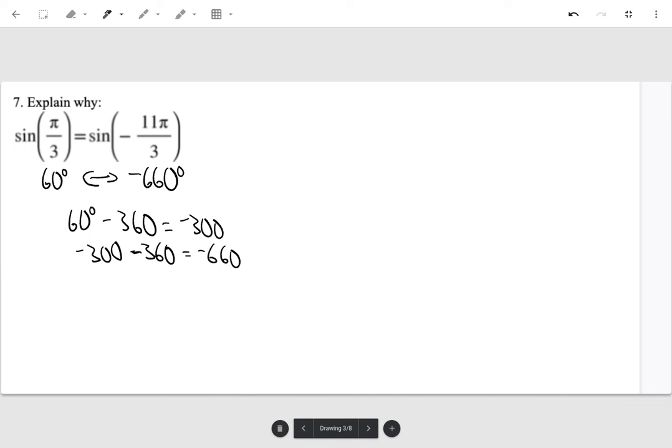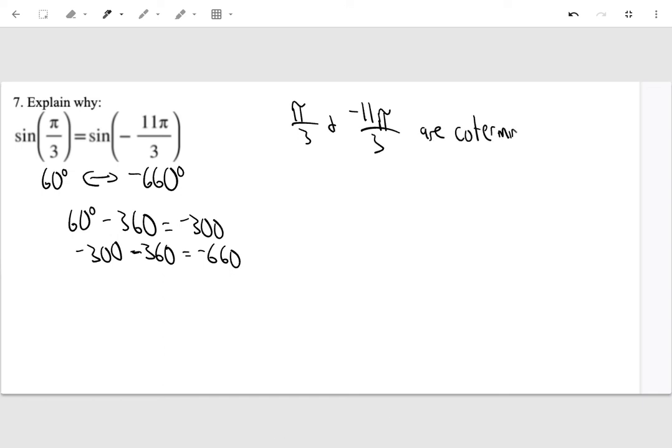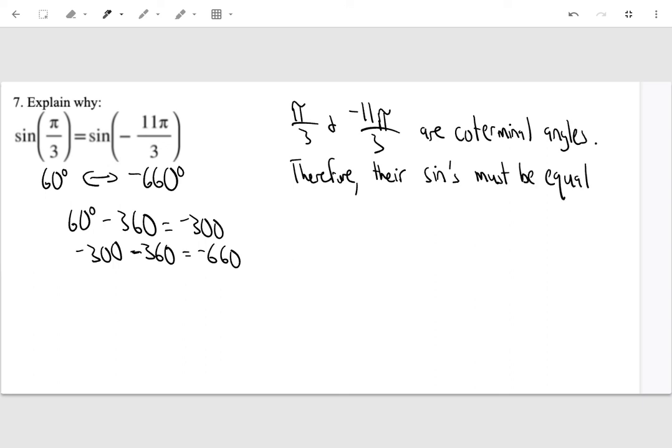The way we would explain that is: pi over 3 and negative 11 pi over 3 are coterminal angles. Therefore, their sines must be equal.